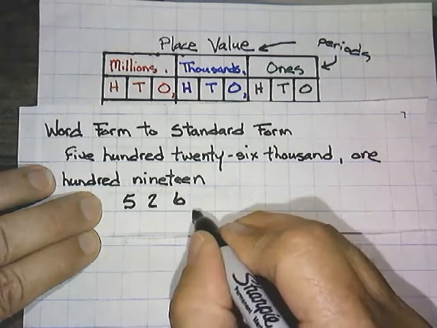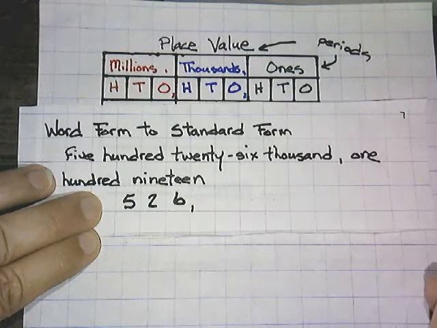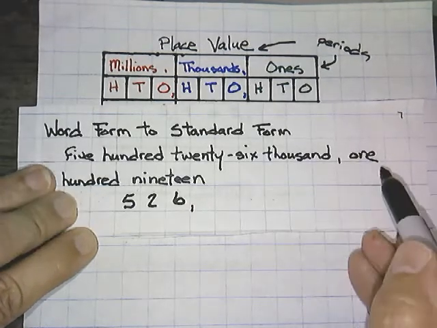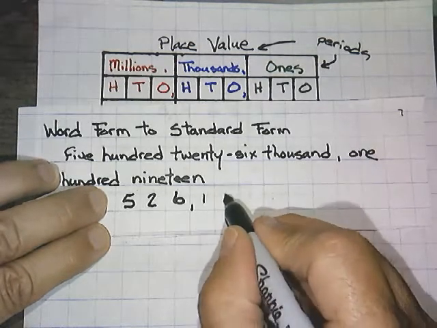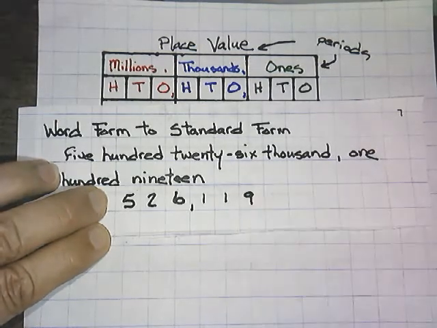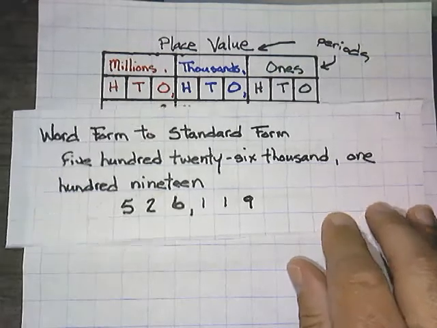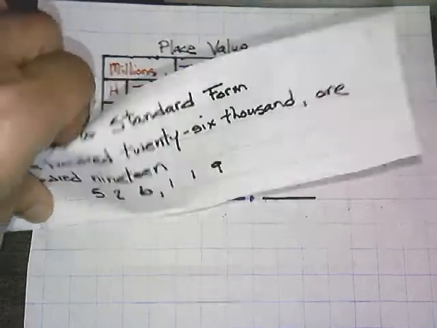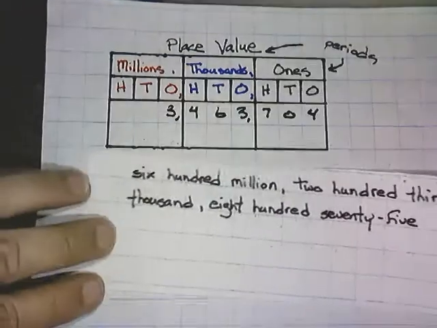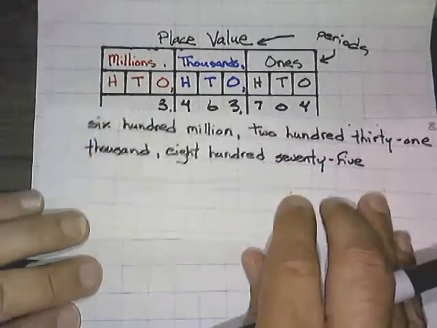But by rule, I need to put that comma in there because the comma says thousand. And then here, when I pick up, it's going to be 119. It takes a little bit of practice. Don't be discouraged if at first you make some mistakes. I make mistakes even on this video. It takes, like everything in life, a little bit of work and practice. Now let's do one more.